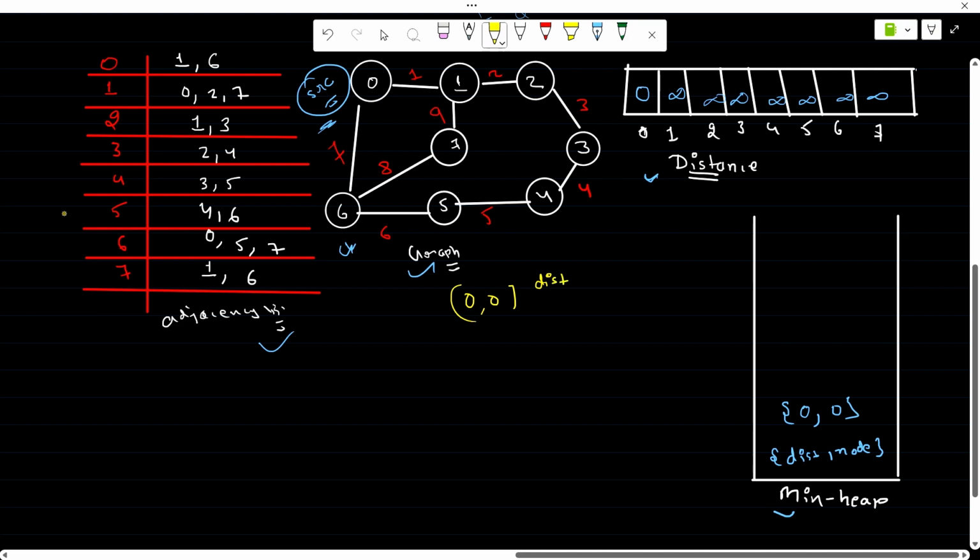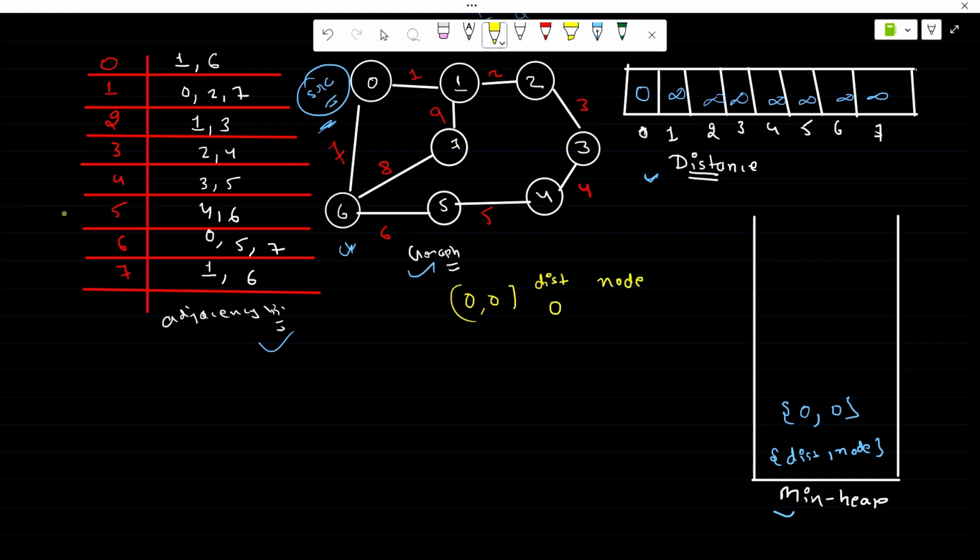So the distance to reach 0 is 0 and the node is 0. Now what we have to do is pop it out, so we erase it from the priority queue. Now we go to its adjacent nodes. From 0 we can go to, see here, 1 and 6.